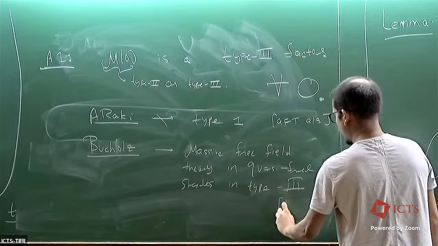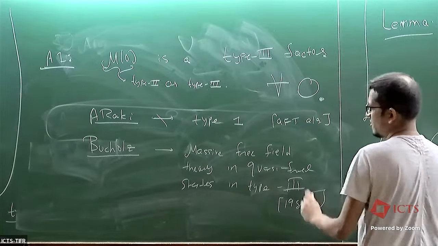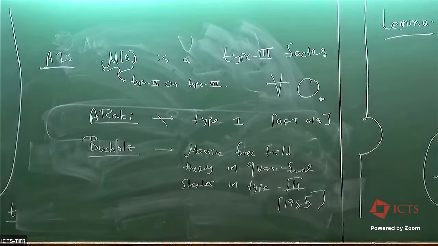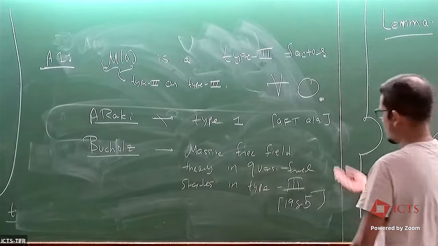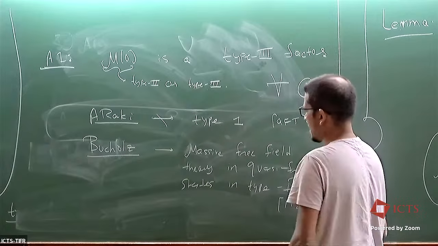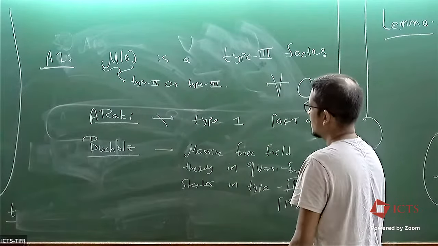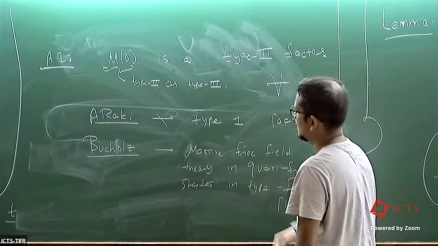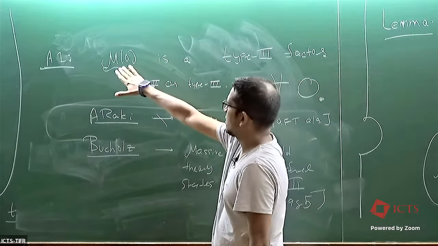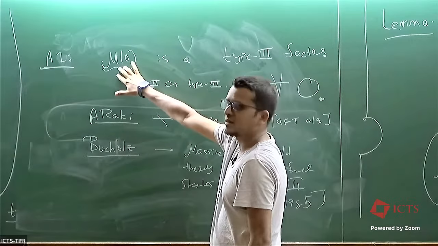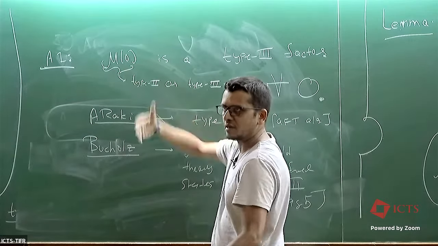I think this was around 85, and then after that there were many other developments, including by Fredenhagen, Longo, and others. And I think by now it's taken to be more of an axiom, or just a result, that in relativistic quantum field theories these local algebras will always generate a type 3 von Neumann factor.